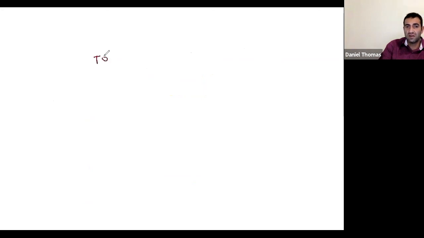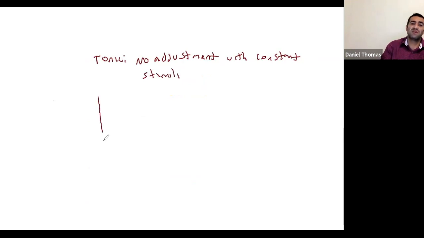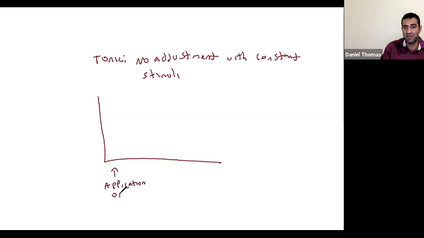Now tonic, on the other hand, there is no adjustment with constant stimuli. So basically we have something here. What we are going to do is we're going to have application of stimuli.